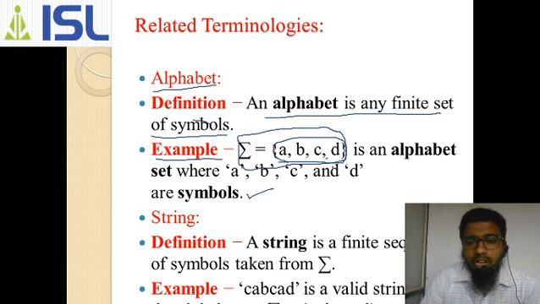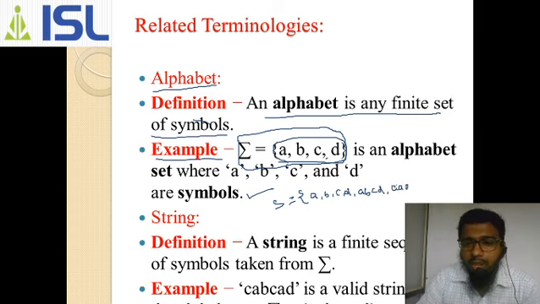Sigma is a, b, c, d; how many possibilities can there be? A string can be A, B, C, D, or A, or A, B, B, A. So you can group symbols, and this is the possibility of this, and so on.